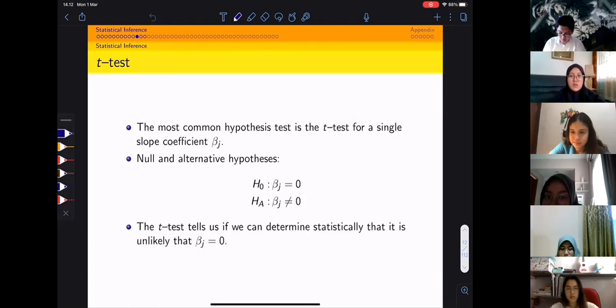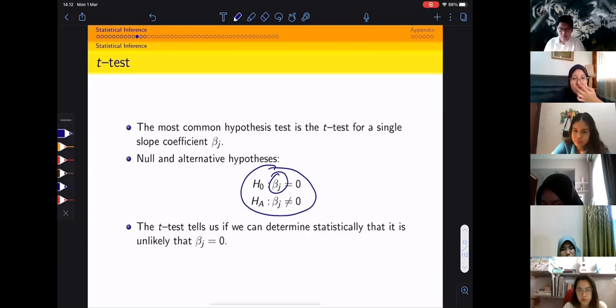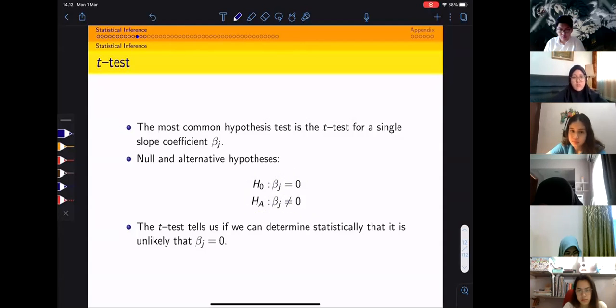A particular note: this is quite fundamental, but a lot of students miss it. When you state your null and alternative hypothesis, remember it's about the parameter, in this case beta j. However, in past years, some students wrote the null and alternative hypothesis for the statistics, which is quite false.